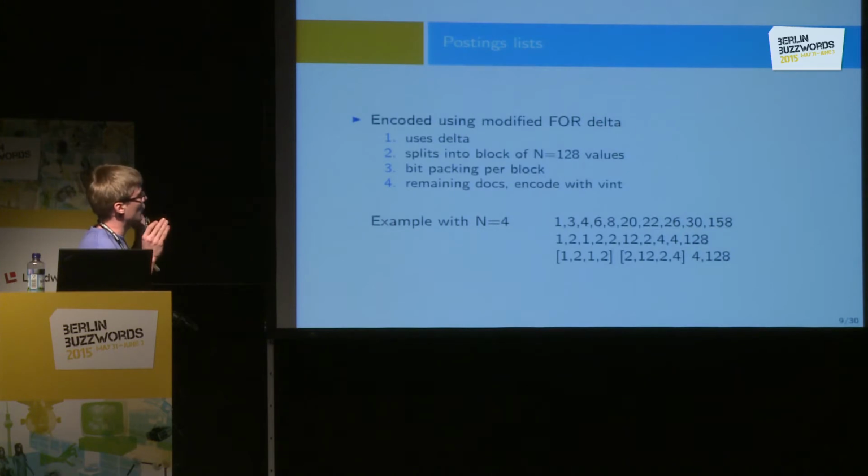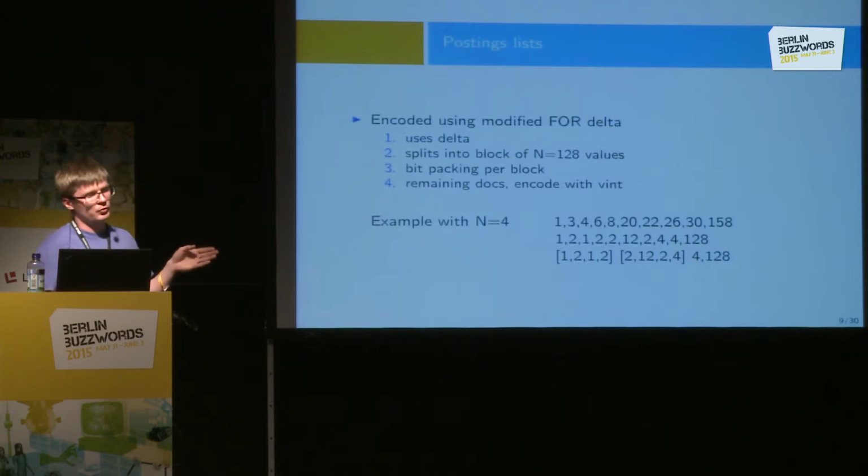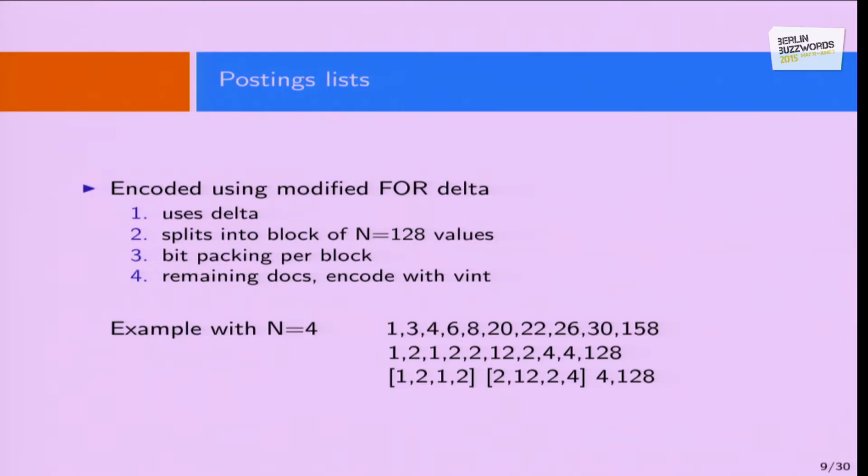Lucene splits the posting delta list into blocks of 128 values. For each block, it applies bitpacking encoding. I will explain how it works later. And if we have a posting list which is not a multiple of 128, the remaining docs are encoded with variable int encoding. Let me explain how it works on a very short example.